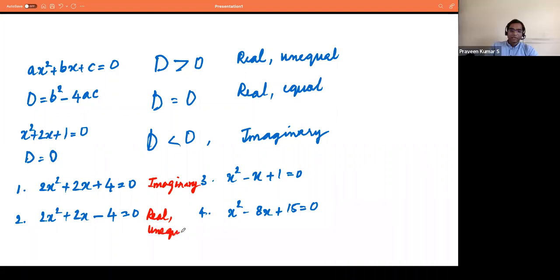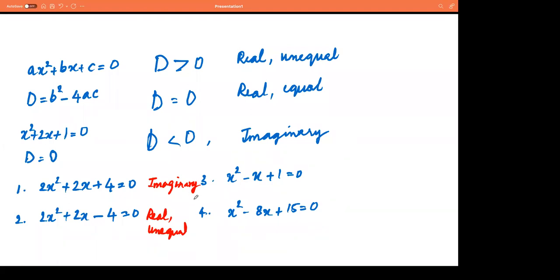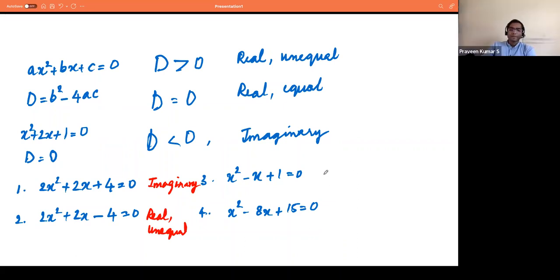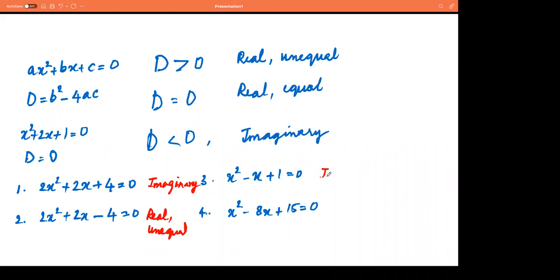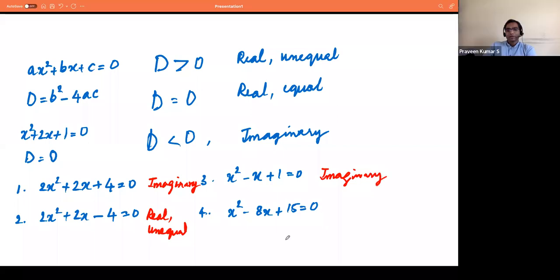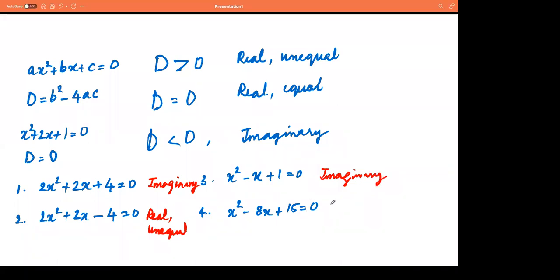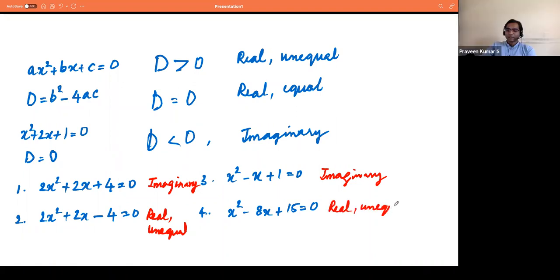What about the third scenario? Minus 3. So imaginary. And what about the fourth one? 4. Real and unequal. Okay.